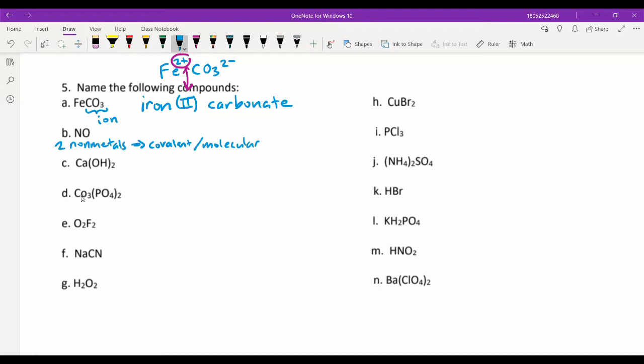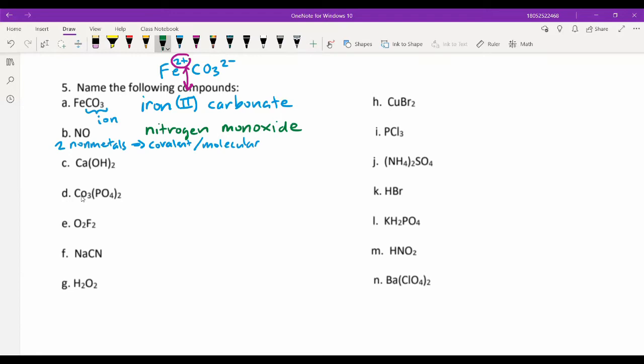So here we have nitrogen, and then we have oxide, but we want to say monoxide, which is monooxide simplified. You'll notice that the mono prefix is only needed on the second element.